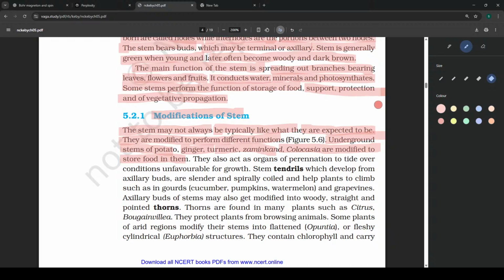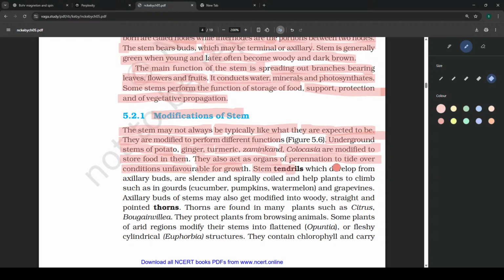Underground stems of potato, ginger, turmeric, zamindkand, and colocasia are all modified to store food in them. They also act as organs of perennation to tide over conditions unfavorable for growth.